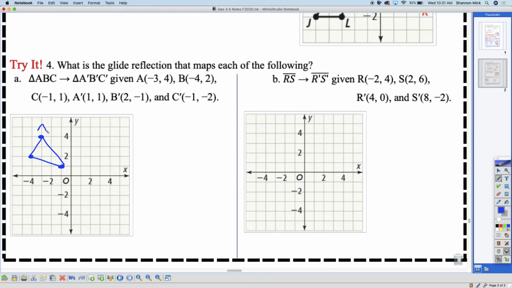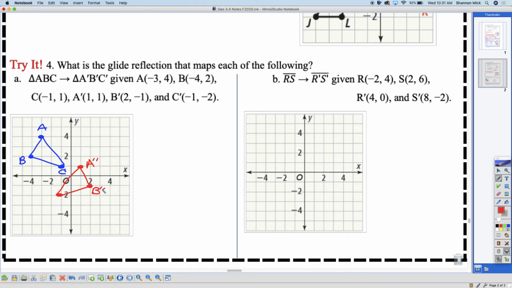Okay, so this is A, B, C. And then I've got 1, 1, right? 2, -1. And -1, -2. So it was A, and I'm going to put double prime because we know there's more than one, correct?